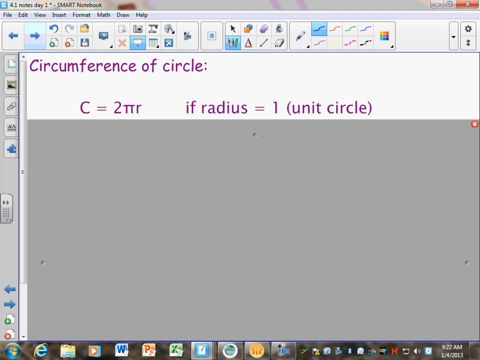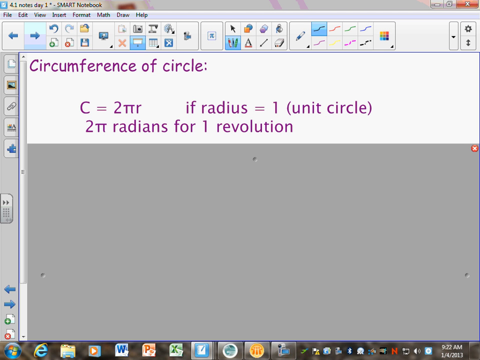If the radius equals 1, and we're going to talk about that a lot, we call that the unit circle because the radius is 1 unit long. Think about if you plug 1 in here for r. Then the circumference around a circle with a radius of 1 would just be 2 pi. The 1 would just go away.